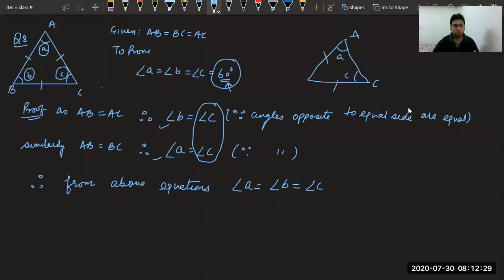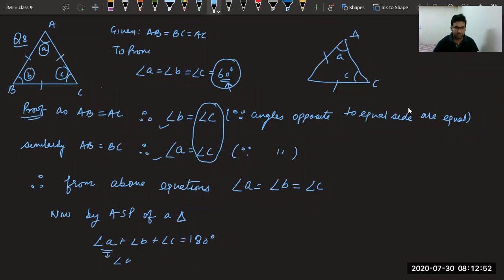Very good. So now by the angle sum property of a triangle, we can say angle A plus angle B plus angle C is equal to 180 degrees. And as we are lucky, these are all equal.